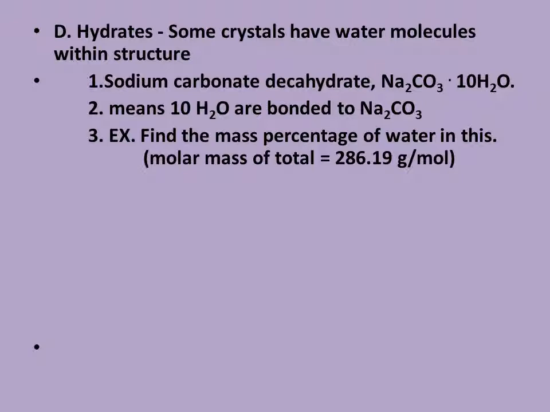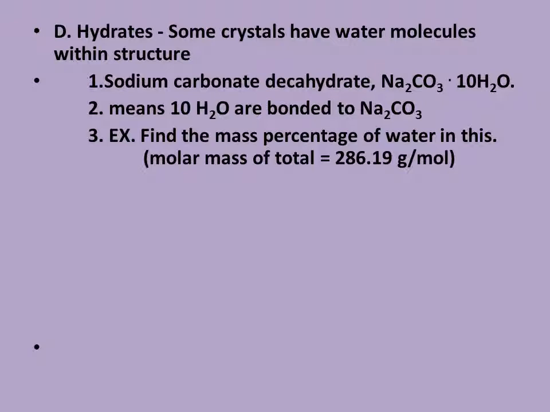You took 2 times 22.99 for sodium, carbon's 12.01 grams per mole, and oxygen is 3 times 16. Then you add, that little dot actually means add, the mass of 10 waters. The mass of water, there's 2 hydrogens, which is 1.01 times 2 is 2.02, plus 16. So 18.02 grams per mole is the mass of 1 water times 10, so 180 added to that. That's where that number comes from.